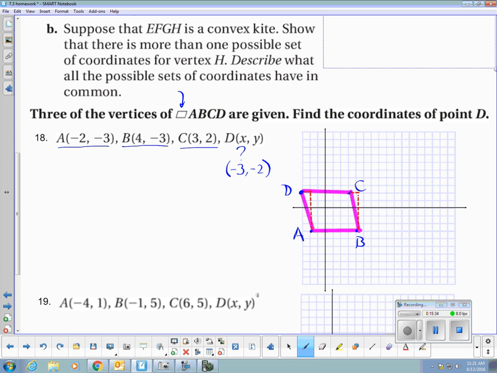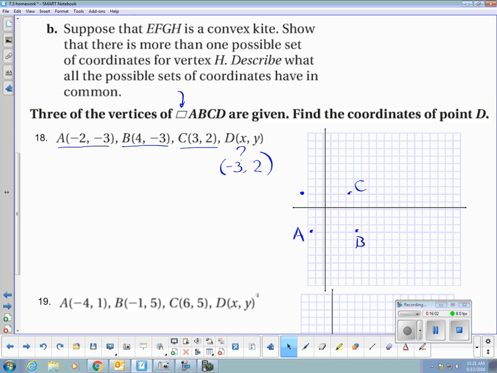Now there's another location besides -3, 2. I hope I wrote that right the first time. -3, 2. Okay, that was right here. That's one location. But there's another location.